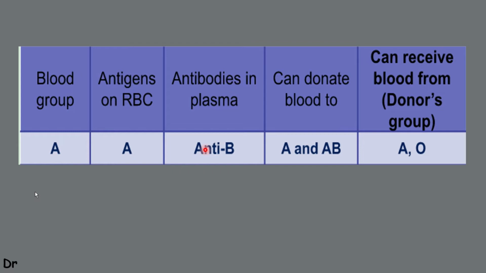Otherwise it leads to an antigen-antibody reaction and coagulation of blood. So I am not able to receive blood from groups which have B antigen, and we know B antigen is present in blood groups B and AB. So I can receive blood from A and O.